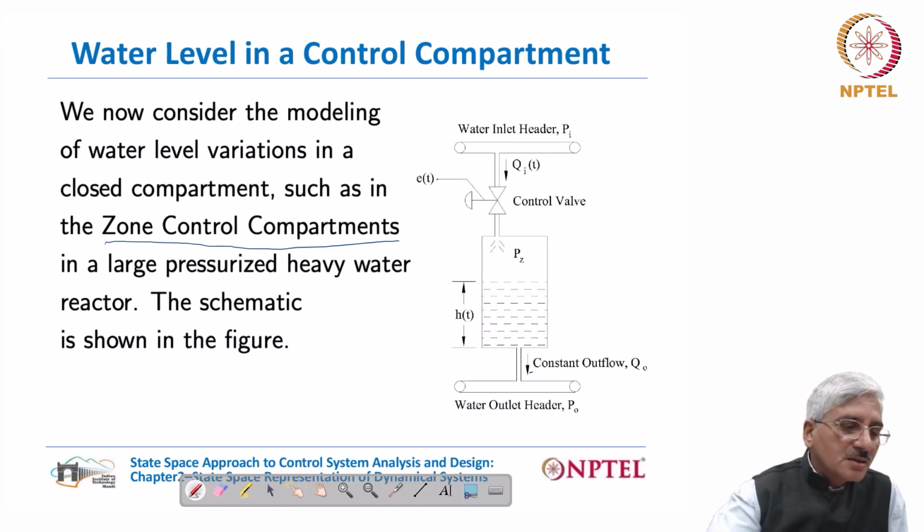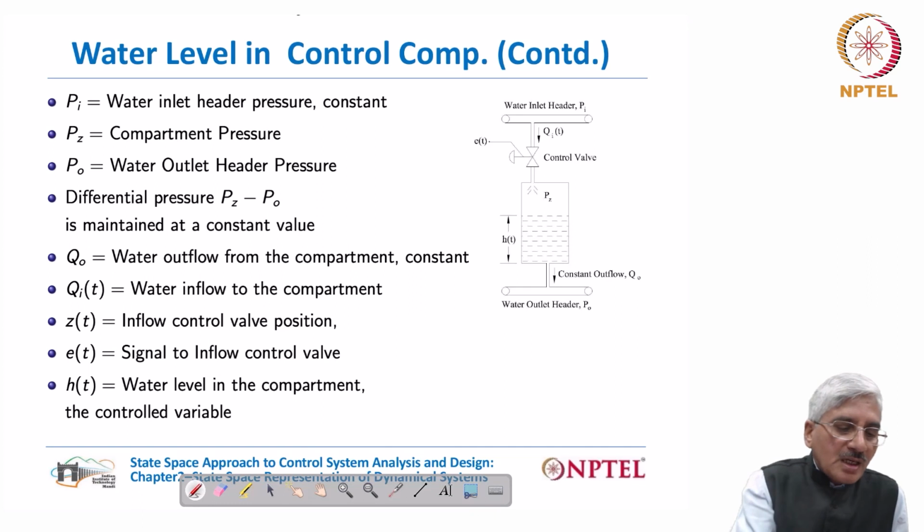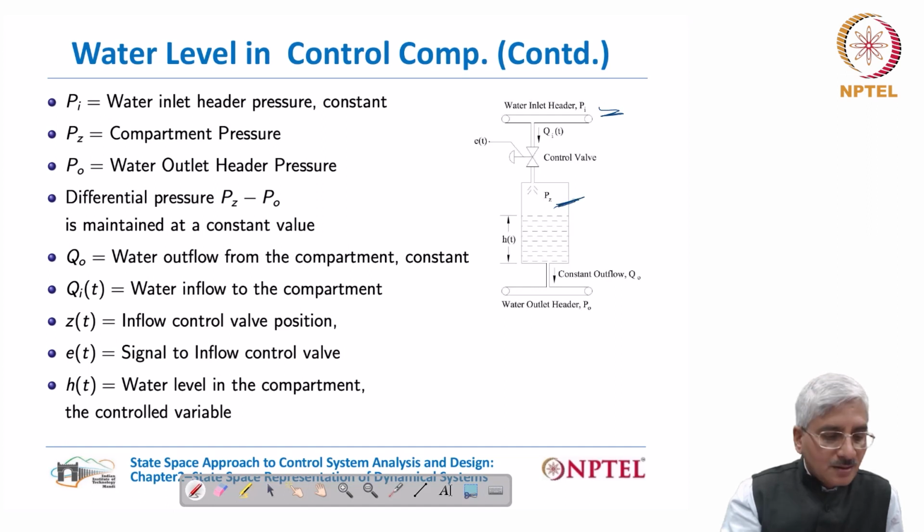The aim here is to be able to develop the mathematical model of this zone control compartment. These are the various quantities. At the cost of some repetition, let me introduce them to you once again. Pi is the header pressure here. Pz is the compartment pressure here. Po is the outlet pressure here.